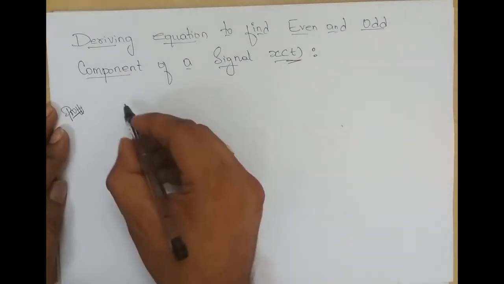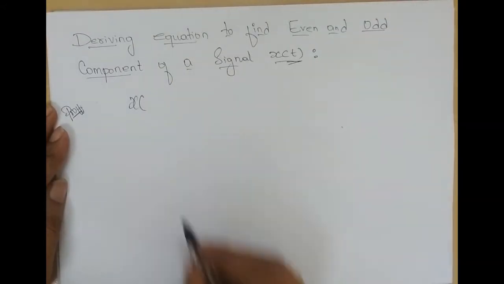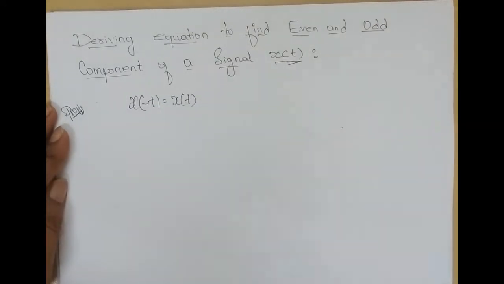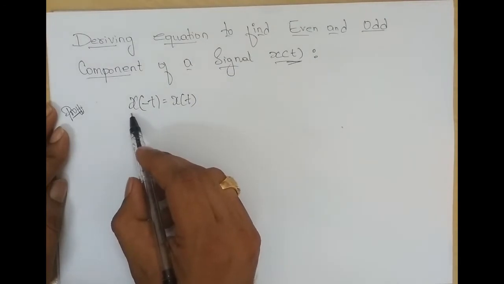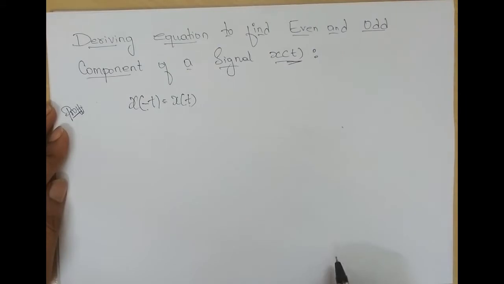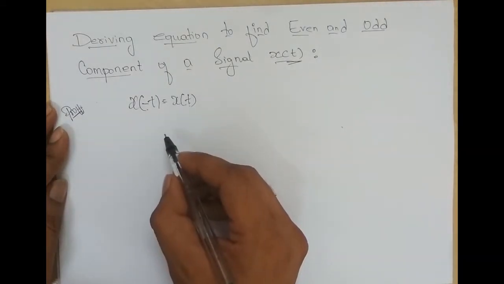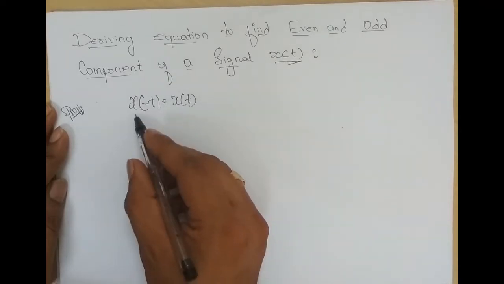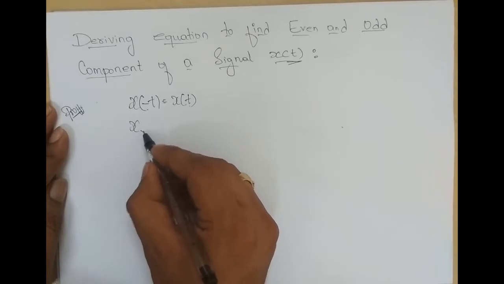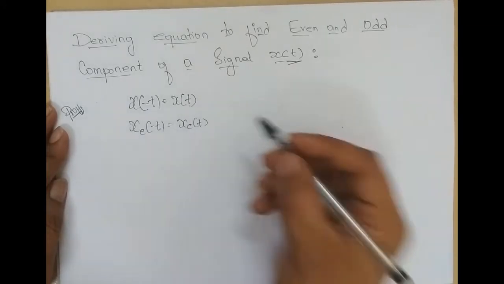Proof. So what is the condition for a signal to be even? It is x of minus t is equal to x of t, right? Amplitude in the negative side of t should be same as the amplitude in the positive side of t, right? Now what I will do, instead of calling it as x of minus t and x of t, I will call it as x e of minus t is equal to x e of t.